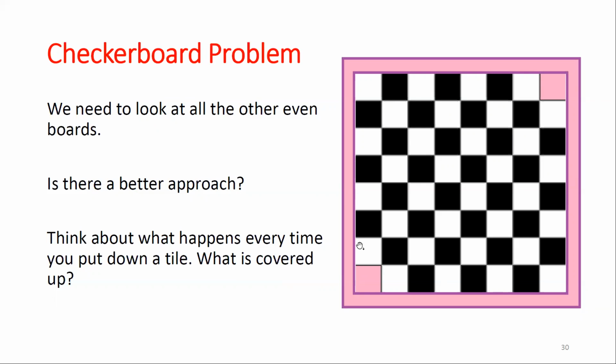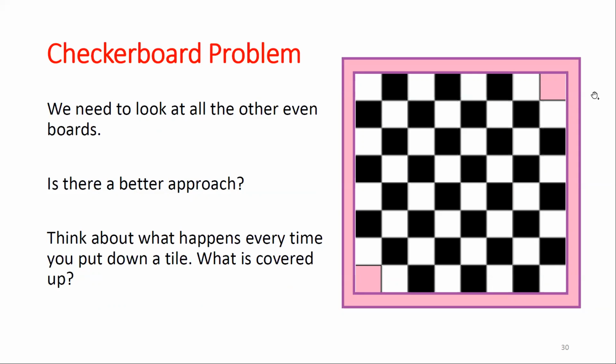How many black tiles do we have right now? It's 8x8. We have 30 black tiles. And how many white tiles do we have? 32 white tiles.